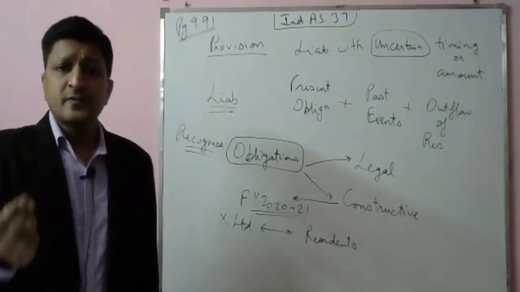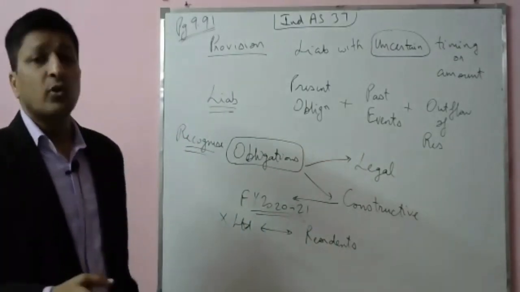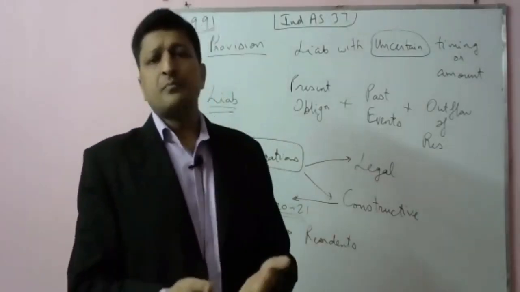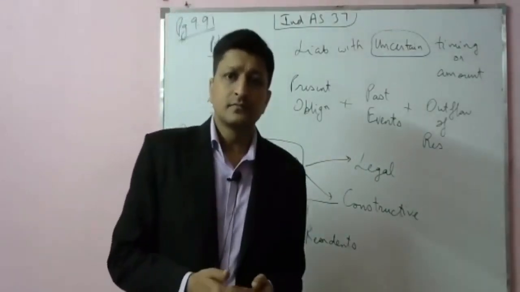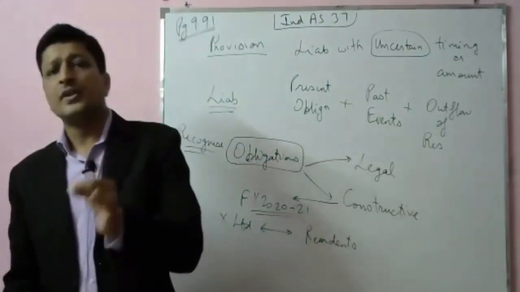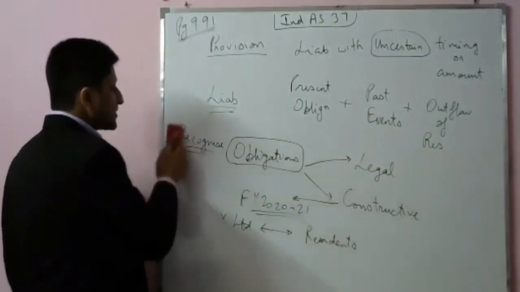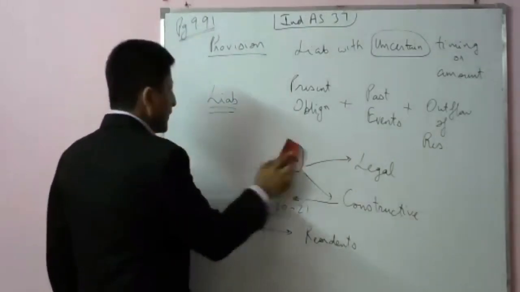Now, let's pick up another example, warranty. So what is a warranty? Let's suppose we have purchased certain goods and the goods come with a warranty. Some goods are purchased with a warranty.